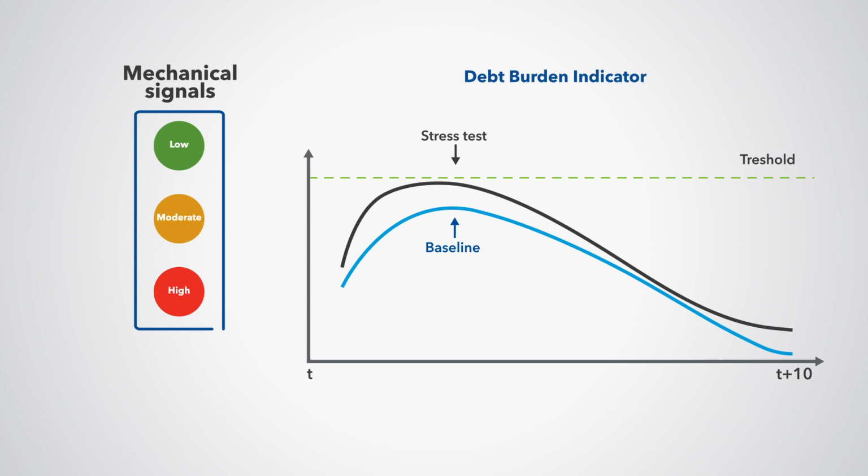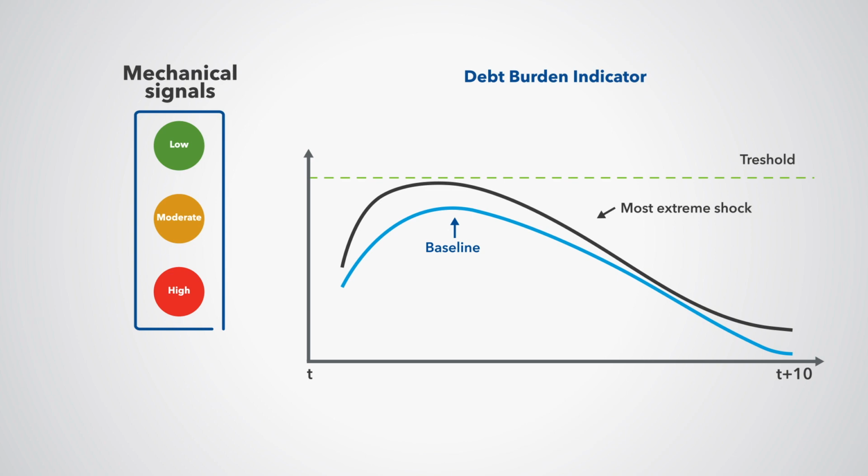Among the many stress test scenarios that can influence mechanical signals, the LIC DSF picks signals from the most extreme shock, which is defined for each debt burden indicator as the shock that produces the highest value of that indicator in any of the first 11 years.